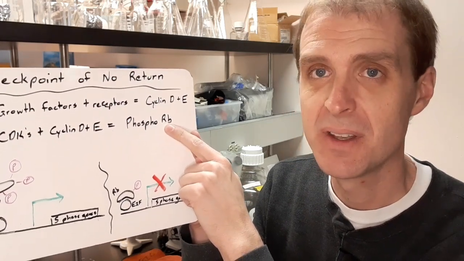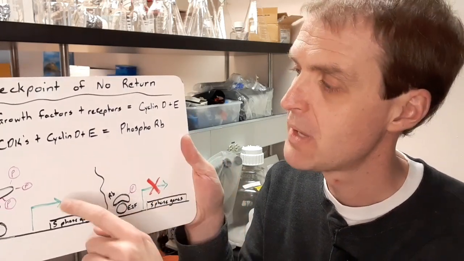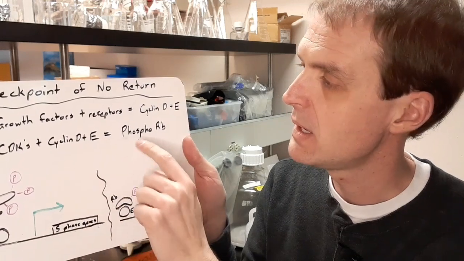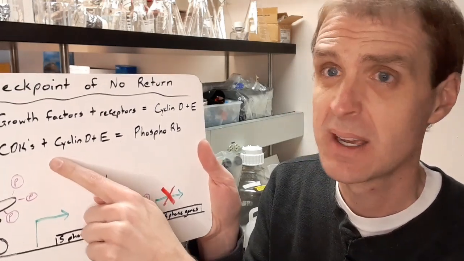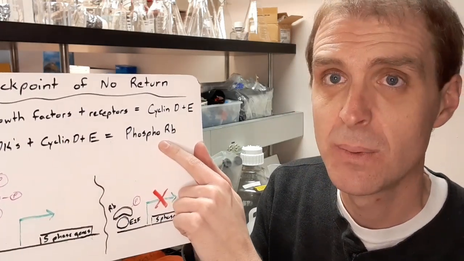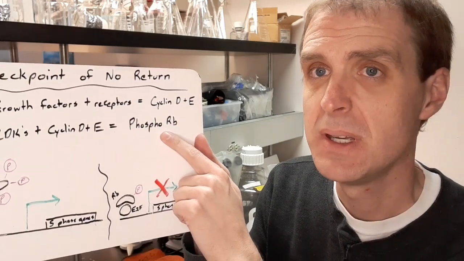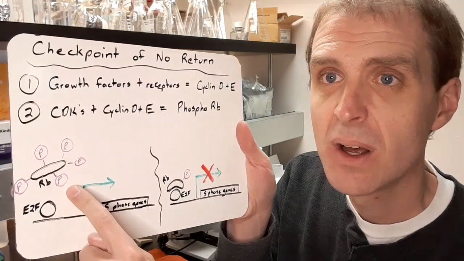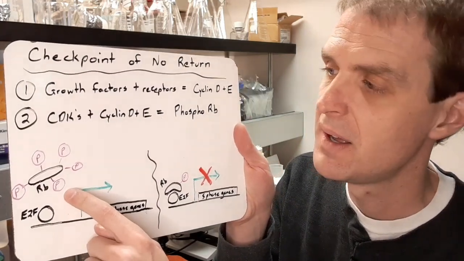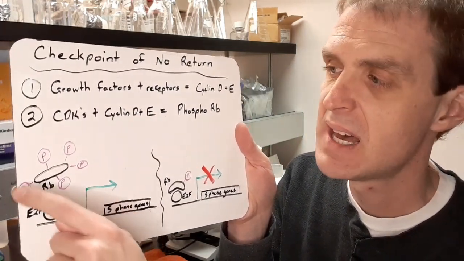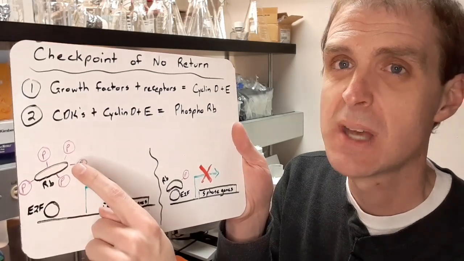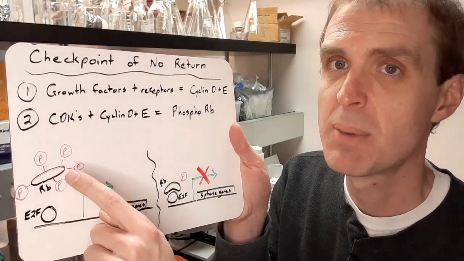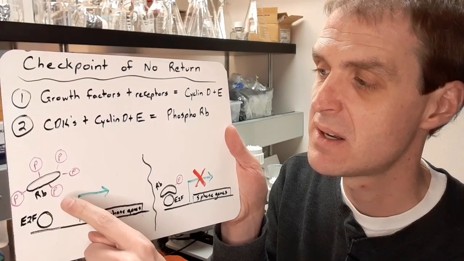So RB is much easier than saying retinoblastoma. If the cyclins and the cyclin-dependent kinases are causing retinoblastoma to be phosphorylated, what you have is that the RB protein has a lot of phosphate groups on it, so it's hyperphosphorylated. Hyper means a lot of phosphate groups added to it.